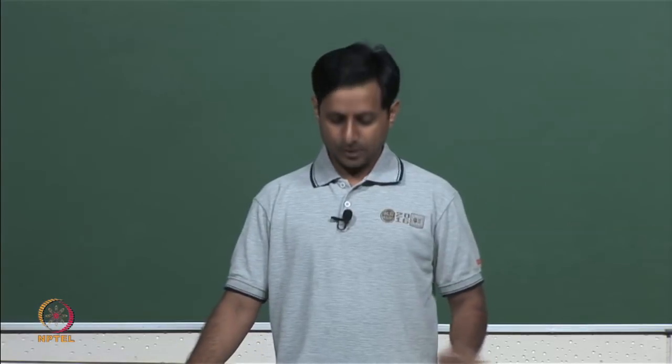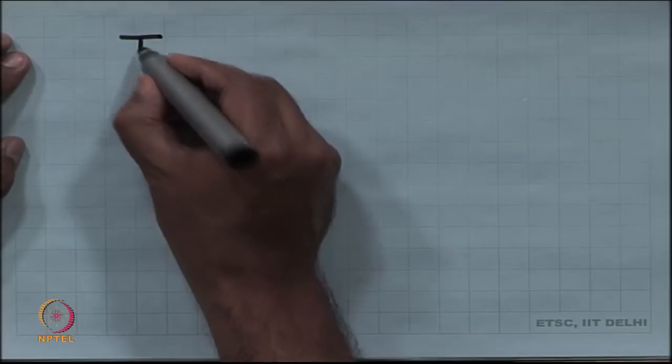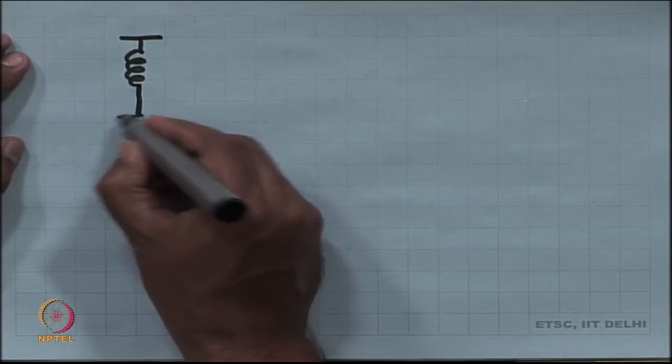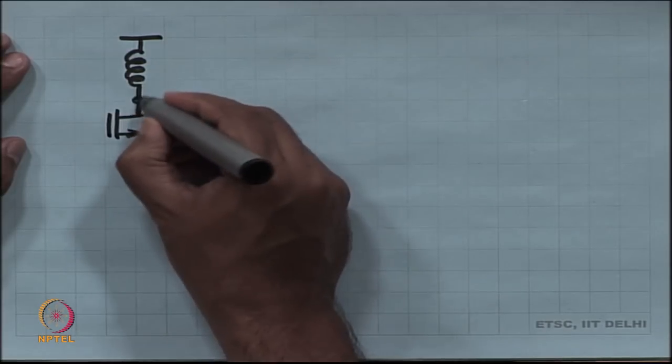Okay. So, in the last class, our power amplifier circuit is the same standard one. There is a big inductor for bias purposes.